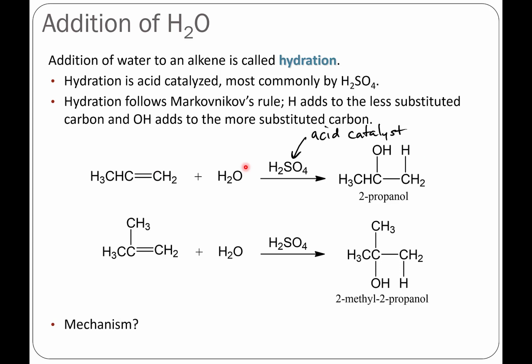And the OH, the other piece of the water, ends up on this carbon. Same thing down here. Not the same thing, but the same idea. More substituted carbon, less substituted carbon. So again, the H goes on the less substituted one. The OH goes on the more substituted one. And we will not worry about mechanisms right now.